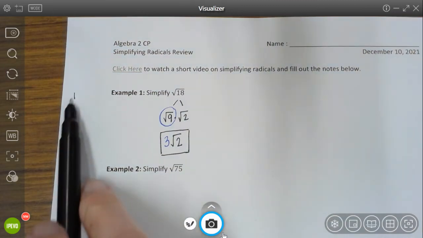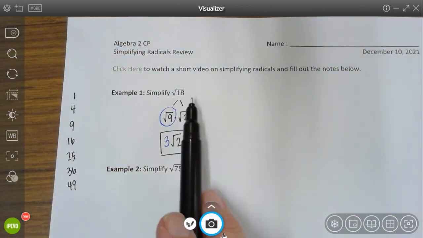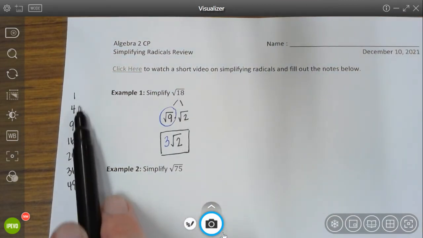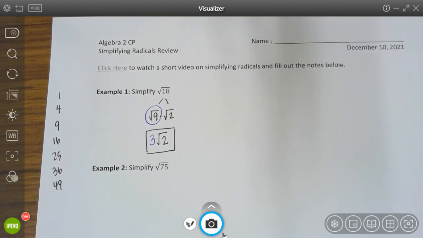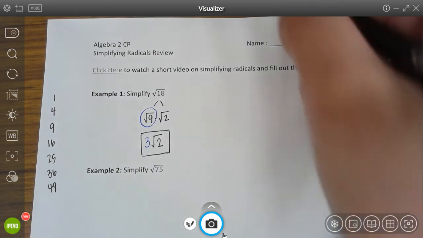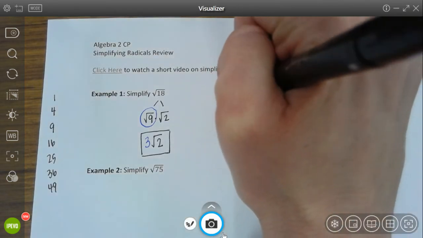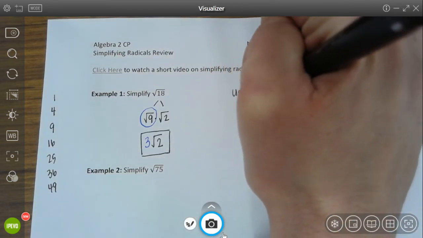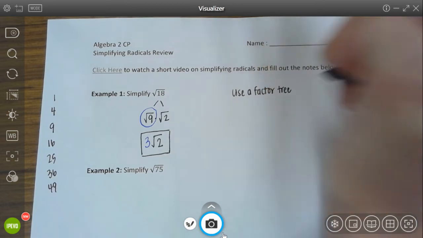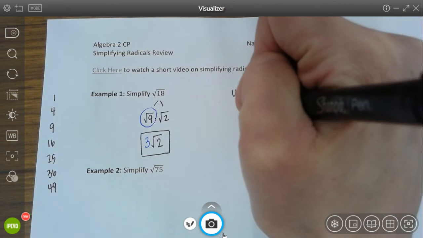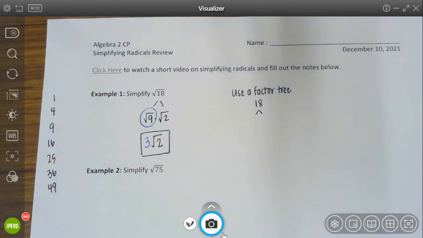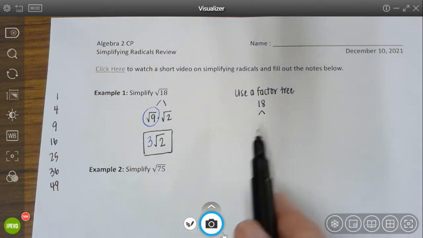So that's if you're comfortable working with these values and you know what things are divisible by, and you can see what the largest perfect square would be that you would want to divide by. The other way would be to use a factor tree. And a factor tree is really breaking the number underneath the root down into its smallest parts. So what I'm going to do is say 18 is divisible by 2.